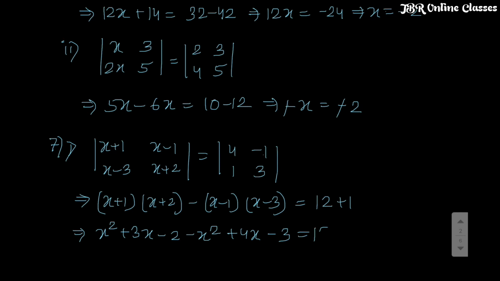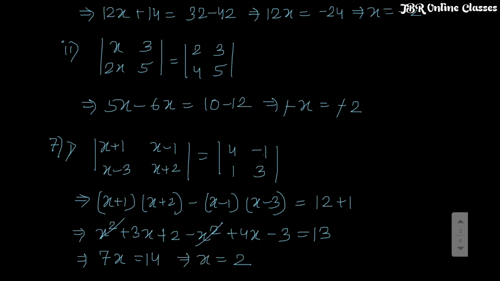Now that equals 13. The x square cancels out, 4x plus 3x equals 7x, then 2 minus 3 is minus 1. So minus 1 plus 13 becomes 14. So from that x equals 2.